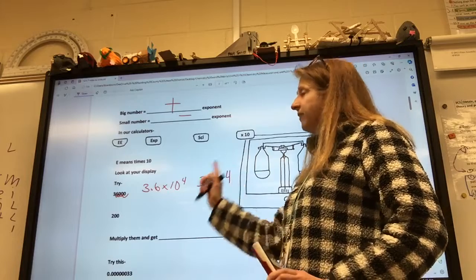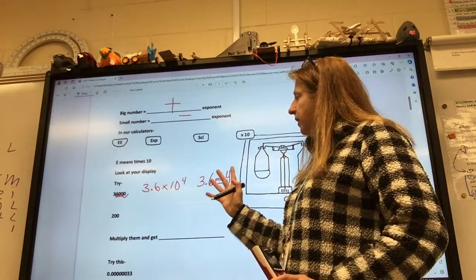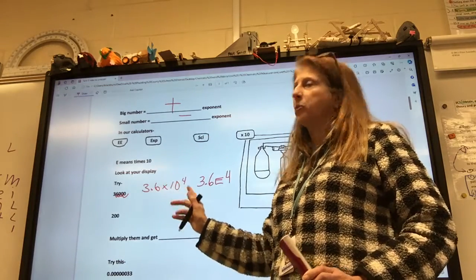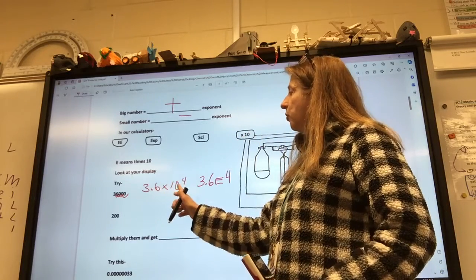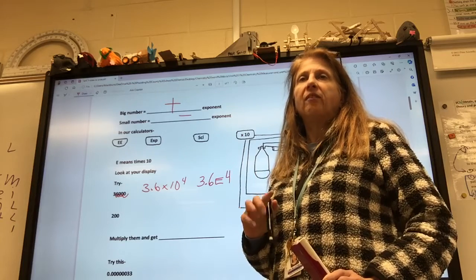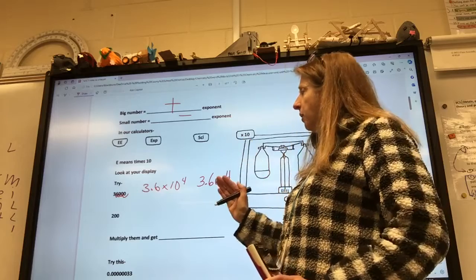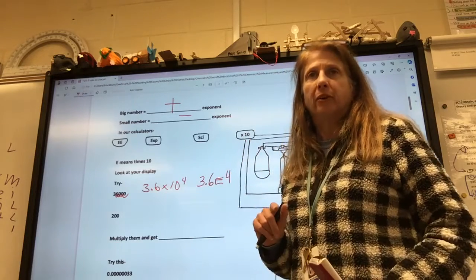Your calculator sees that as 1 term. You want your calculator to see things as 1 term, or else sometimes if you don't use enough parentheses or whatever, your calculator will be doing the math you want it to do, but only to one of these and not the other. And that's how you get the wrong answer. If that did not make sense to you, don't worry, it's not important. What's important is that you put your numbers in scientific notation when I tell you to.